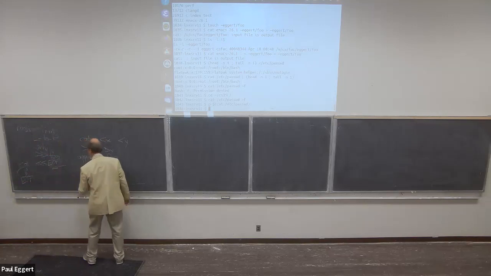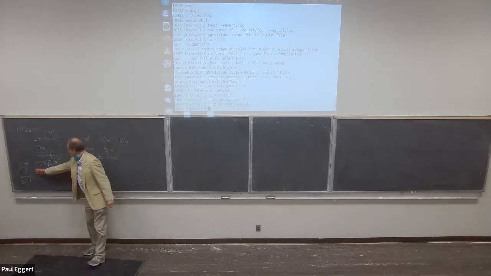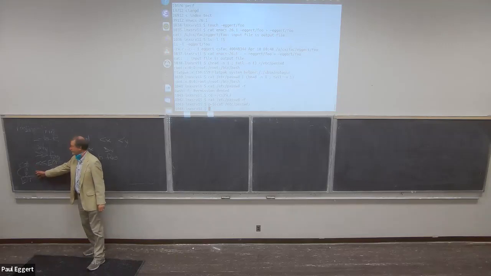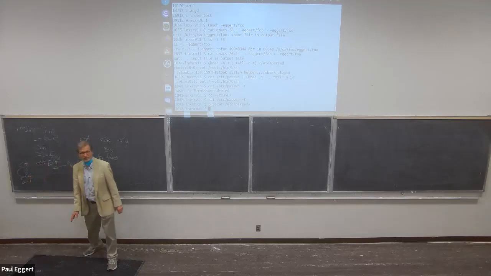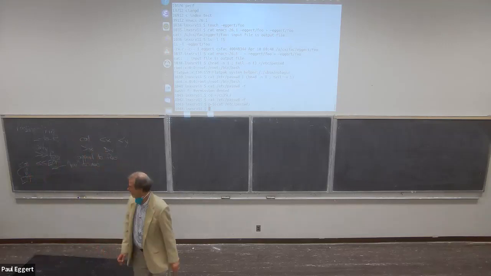It's called a here document. It lets you put the contents of the file that you want as standard input to whatever command you're running directly into the shell script. All right.